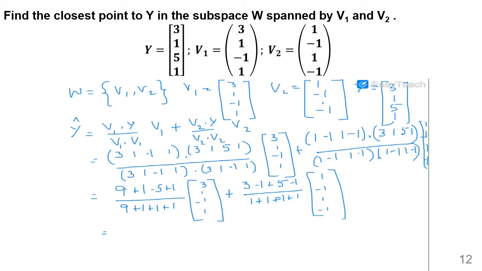So when you simplify this, the final answer will be (3, -1, 1, -1).